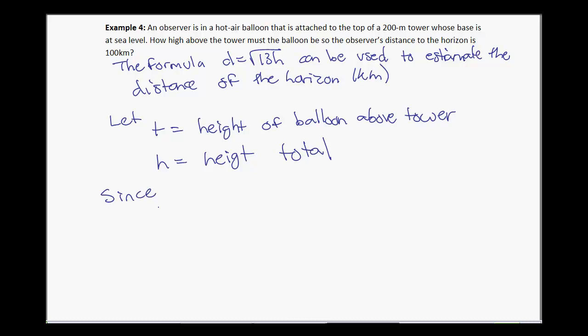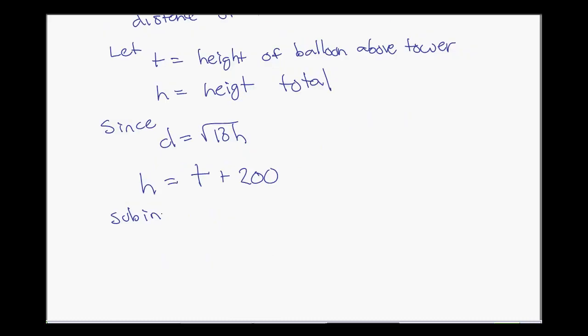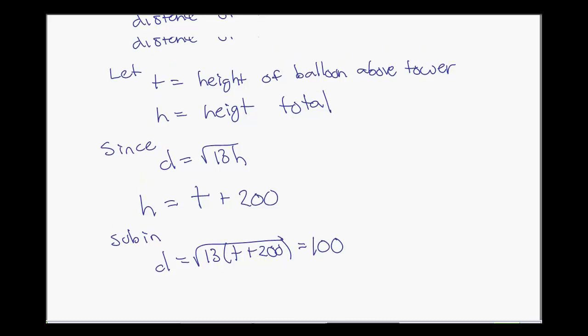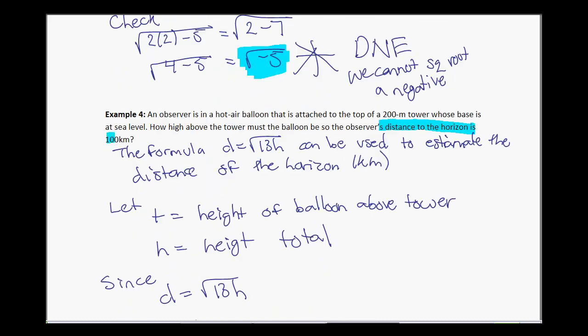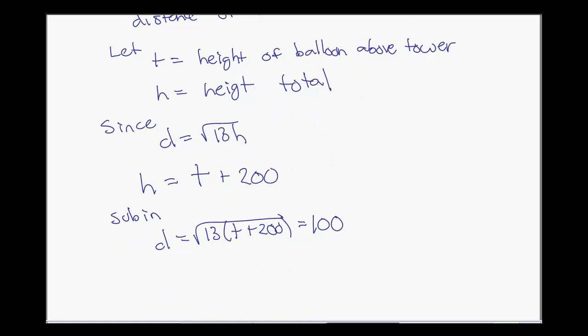Since d = √(13h), and we know that the total height equals the height of the balloon above the tower plus the 200 meters of the height of the tower, we sub in d = √(13(t + 200)), which equals 100 because of the distance to the horizon. Now we need to solve for t.